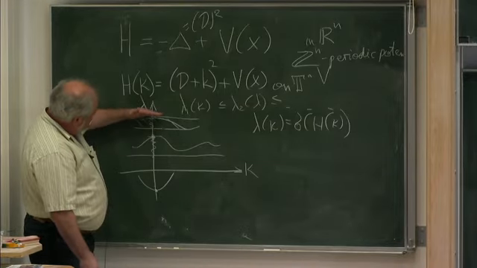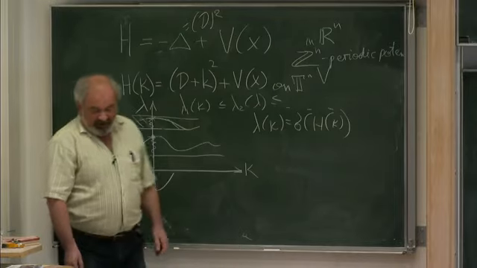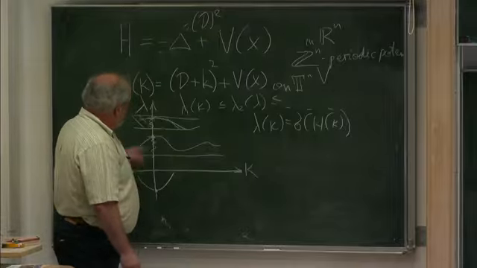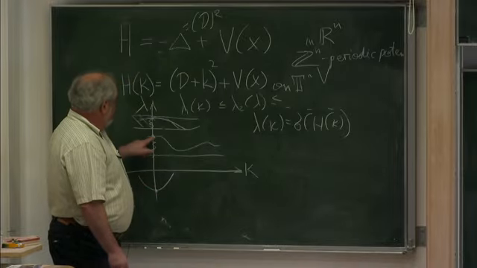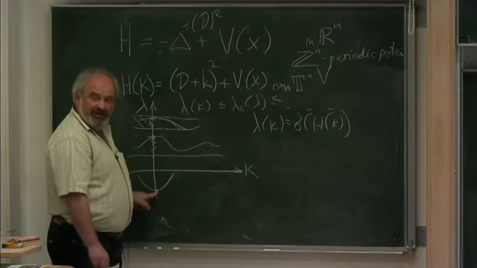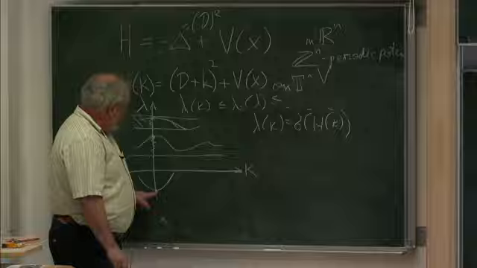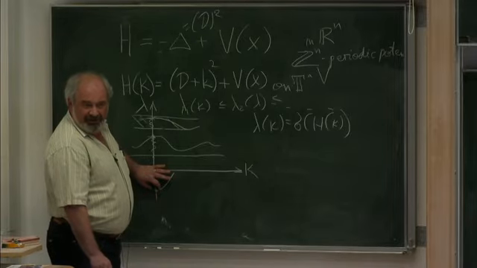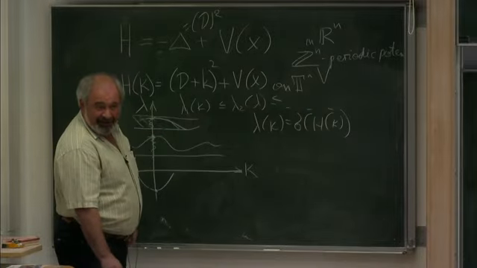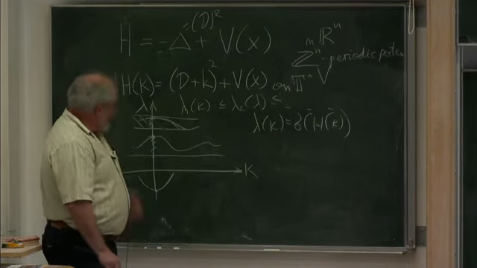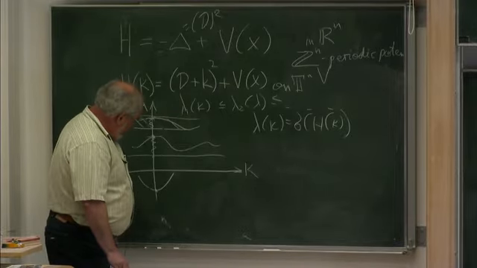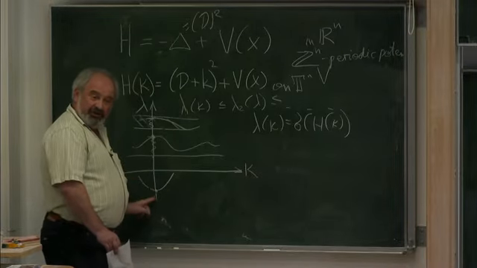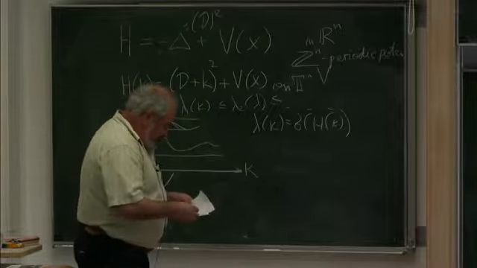But other band edges, other spectral edges, could look much more complicated. But there are many issues which depend only upon the infinitesimal structure of dispersion relations here. And in many cases, not only infinitesimal, since due to analyticity, infinitesimal knowledge of this dispersion curve essentially defines the whole thing. But in many cases, as I will remind you, even some finite part of the Taylor expansion of the dispersion curve might give you the answers.